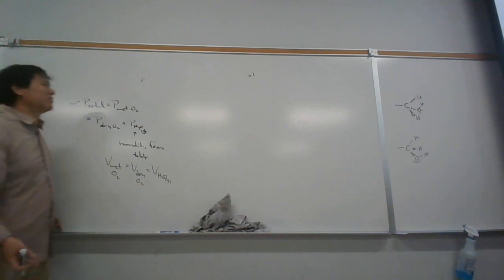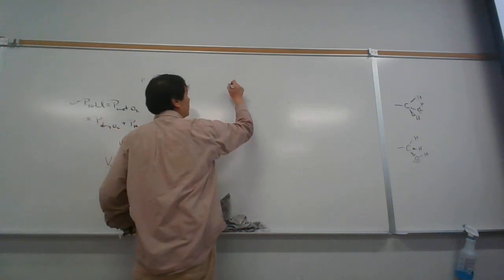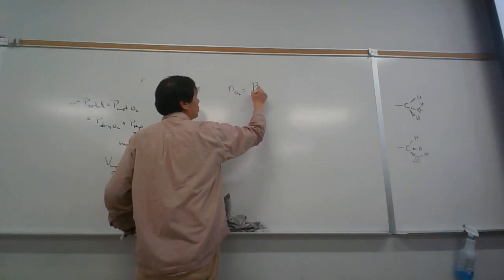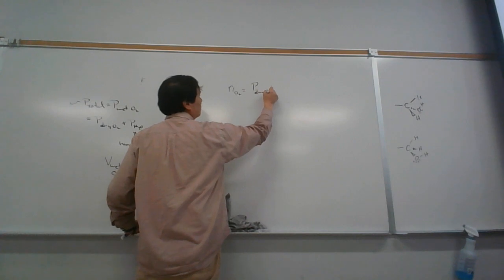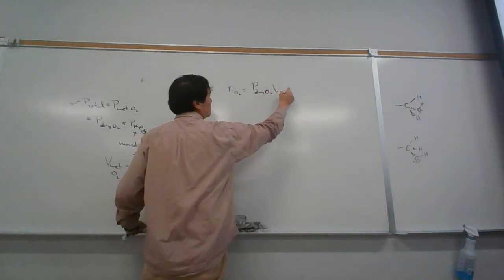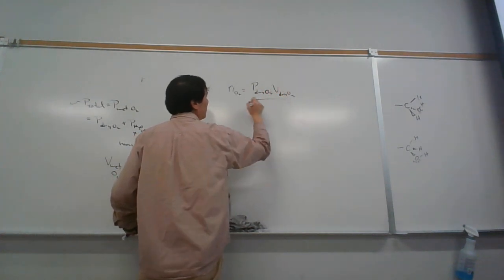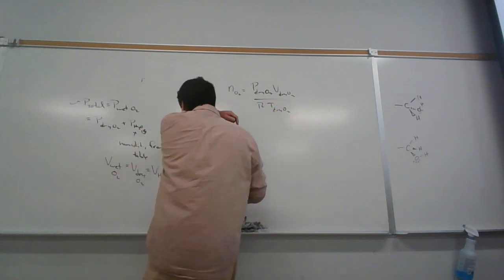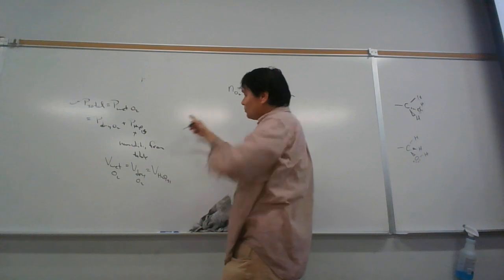And then we can figure it out because we want to figure out the moles of oxygen. The moles of oxygen will just equal the pressure of the dry oxygen times the volume of the dry oxygen divided by R and the temperature of the dry oxygen. Well, the pressure of the dry oxygen, we can just calculate.